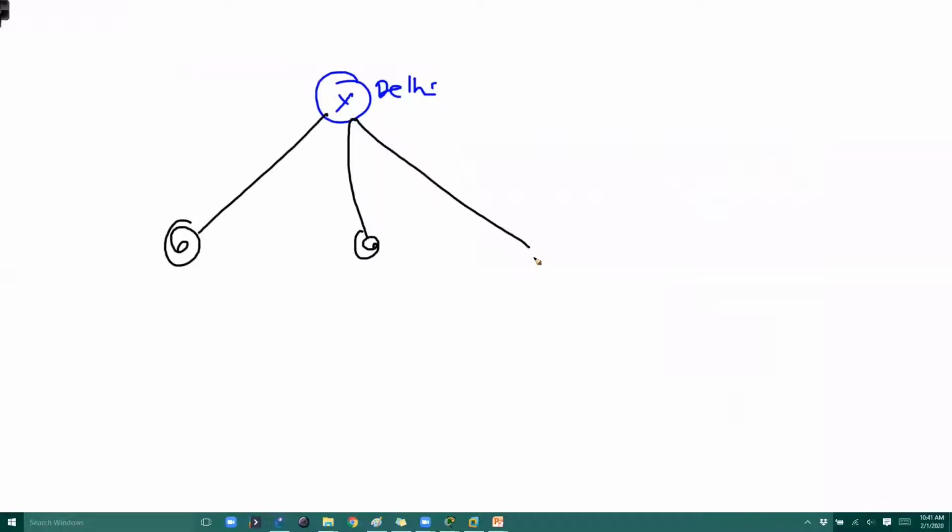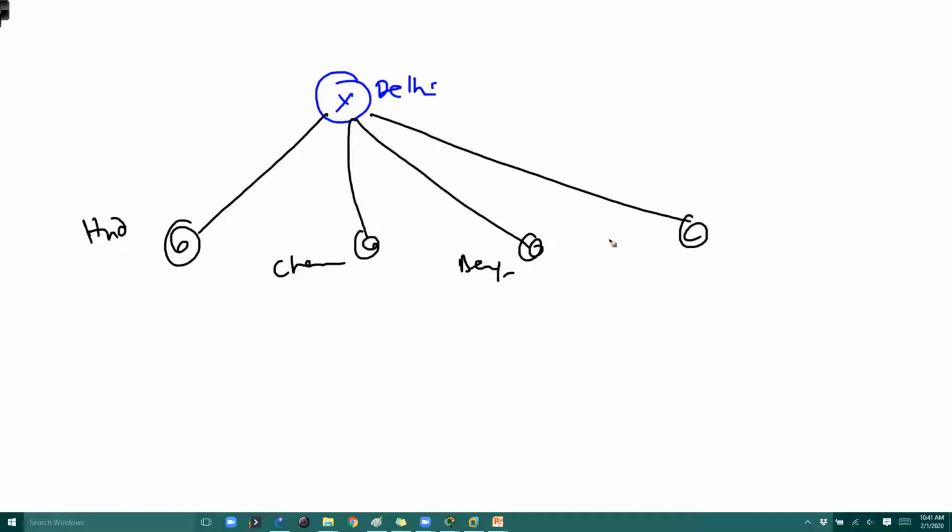If you take the normal designing options, we have a head office, let's say in Delhi, and I'm connecting multiple branch offices in different cities, let's say Hyderabad, Chennai, Bangalore, Pune. And maybe you have multiple small branch offices.